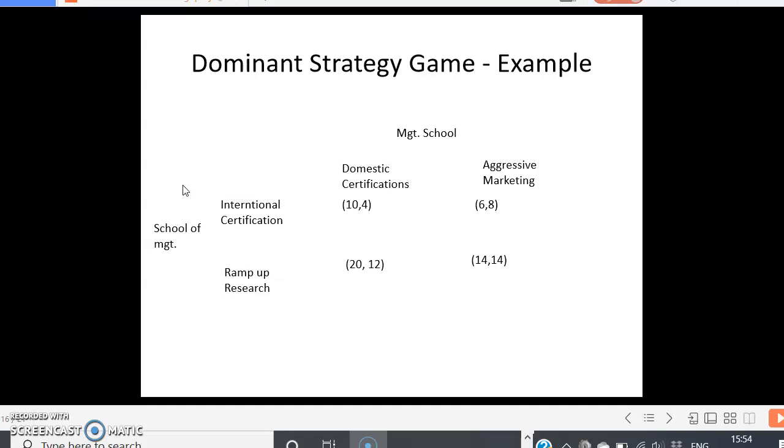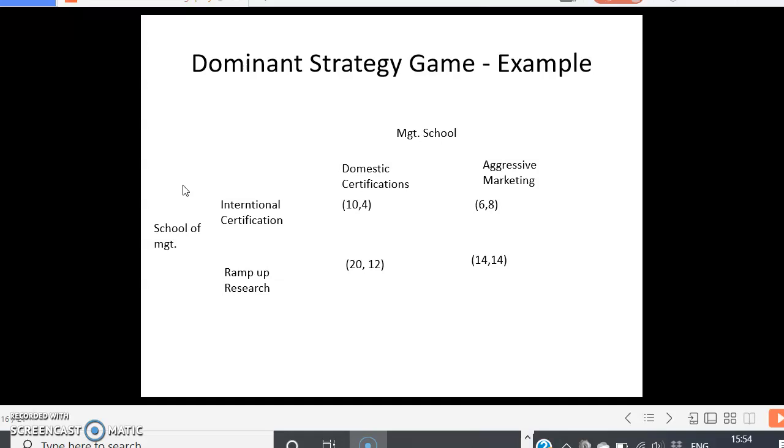If the Management School chooses aggressive marketing, well, in that case, if the School of Management goes for international certification, it has a payoff of 6. But if it goes for ramping up of research, it has a payoff of 14. Now, irrespective of what the Management School chooses, School of Management has a higher payoff by choosing the option of ramping up of research.